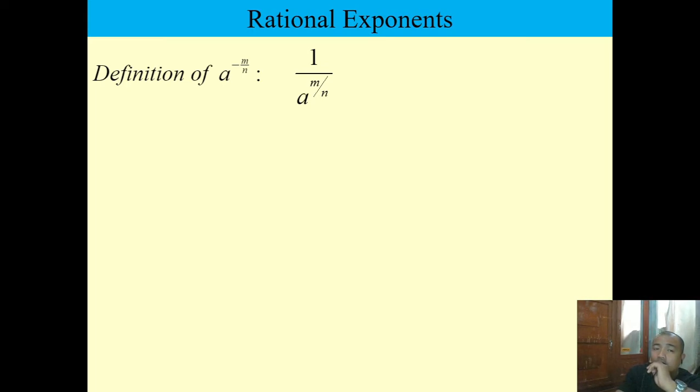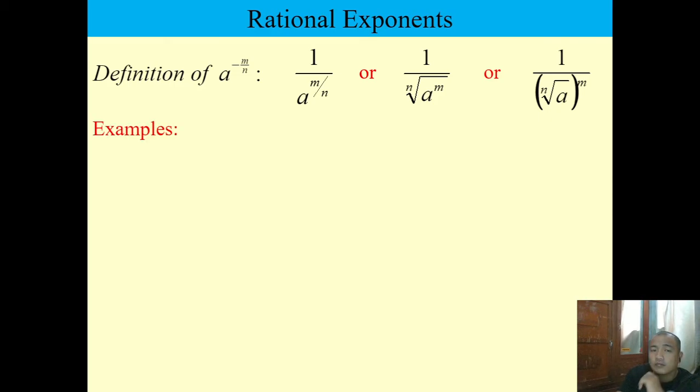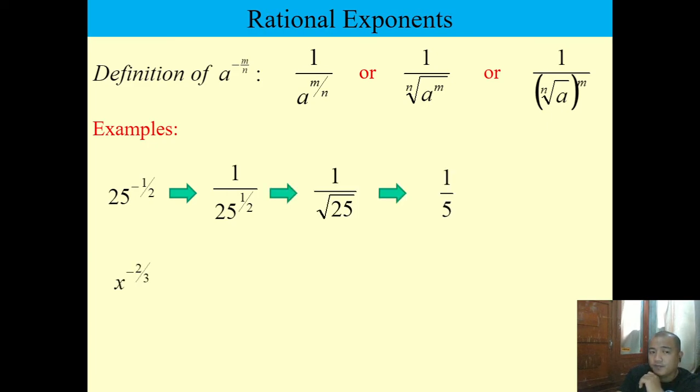So a raised to negative m over n is equal to 1 over a raised to m over n, or 1 over the nth root of a raised to m. 25 raised to negative 1/2 means 1 over 25 raised to 1/2. The reciprocal, that's the definition of negative exponents. And by the definition of radicals, 25 raised to 1/2 is the square root of 25. So 1 over the square root of 25 is 1/5.